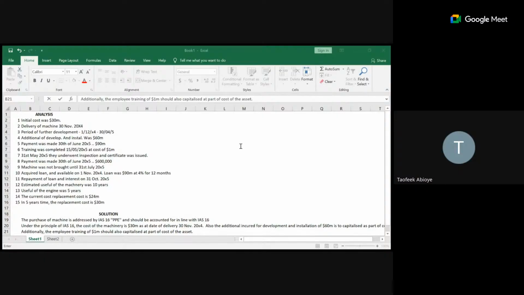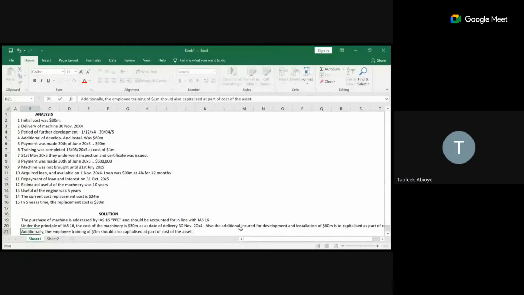The cost of that training is supposed to be part of that 30 million we have spent. Do you remember? Do you agree with me? Yes, so it must have been inside the 30 million. Exactly. Because if they are not trained, they cannot use the machine.